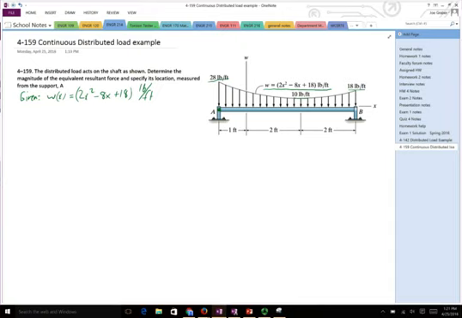The 28 pounds per foot is just showing us the value of this function at -1. If we plug -1 into this function, you're going to see that we get 2 plus 8 plus 18, which turns out to be 28.